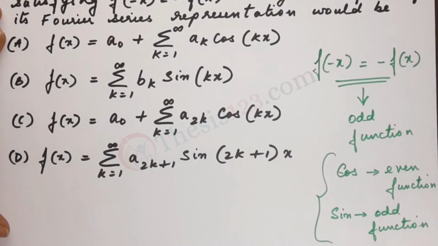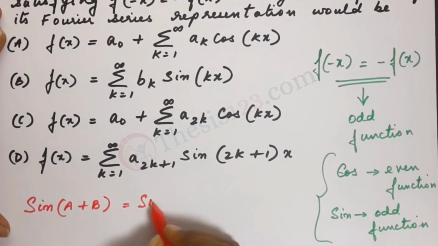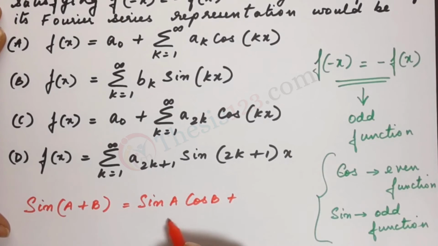Now you should remember what the formula for sine a plus b is. Sine of a plus b is sine a cos b plus sine b cos a.